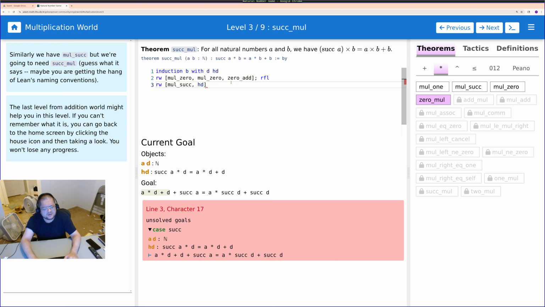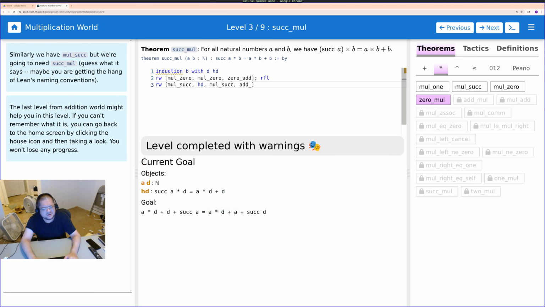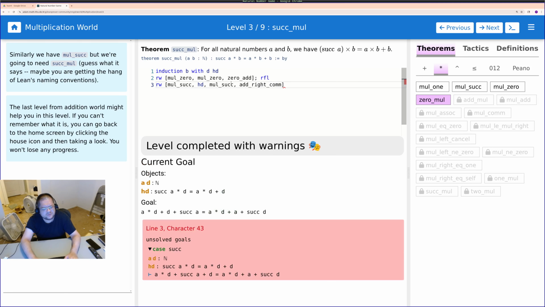Okay, and the rest is just moving stuff around. Multiplied by successor. A times D, A times D. We want to move that around, so it's like add, right, commutative.